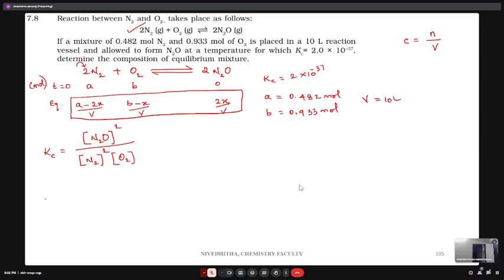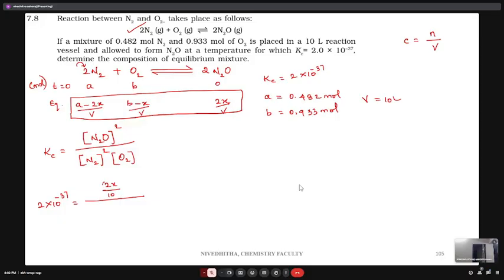That's it. So the Kc value is given. What is the value of Kc, Kana? 2 into 10 power minus 37, which is equal to, what is the concentration of nitrous oxide at equilibrium? It is 2x by V, where V is the volume of the vessel, which is 10 liters, whole square.